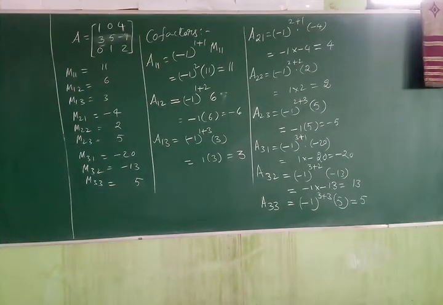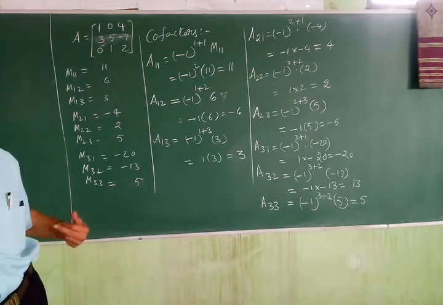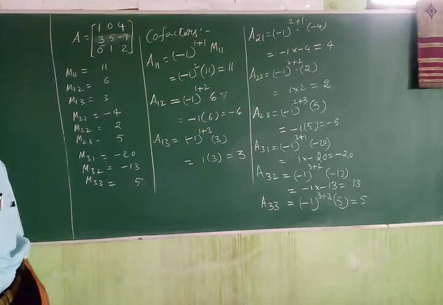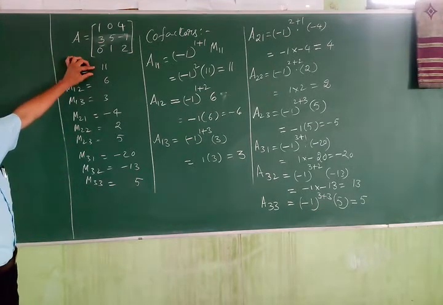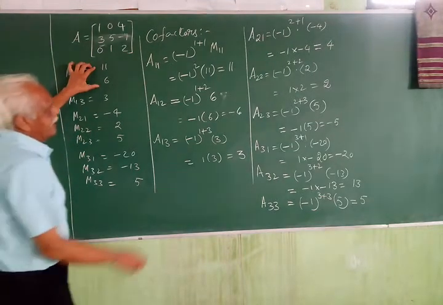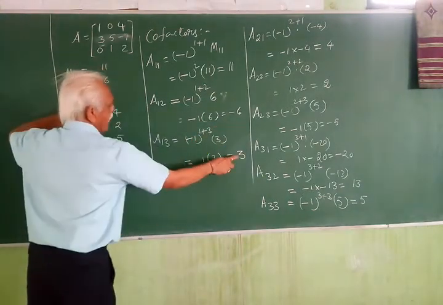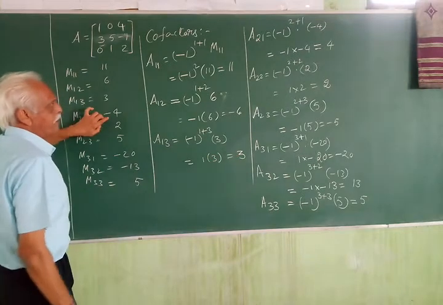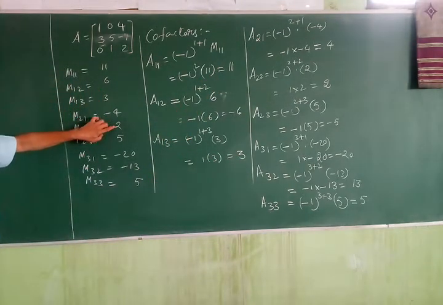Just see this. If you know how to find the minor values, alternately you multiply them by minus and plus, plus and minus. Plus 11. Minus 6. Plus 3. Minus of minus 4, plus 4. Plus 2.